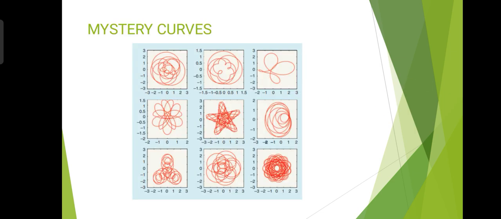Here we can see some images that represent the mystery curves. There are different types of curves in different shapes, in different motion, and they are not only in 2D but also in 3D.